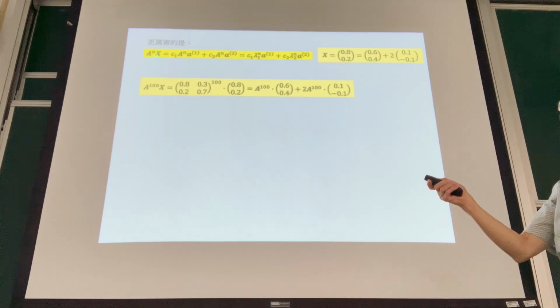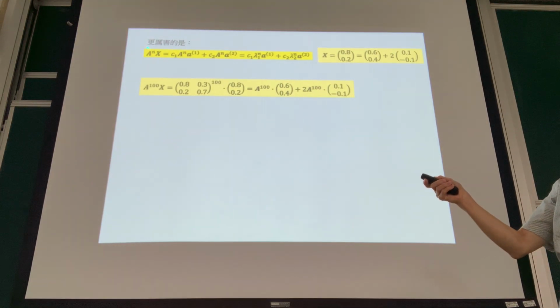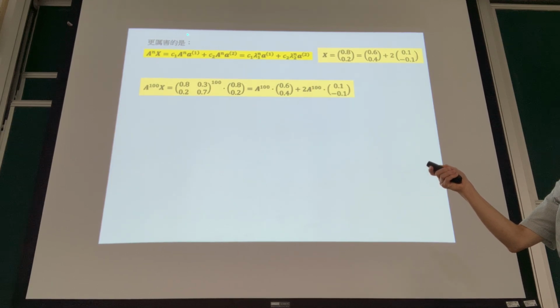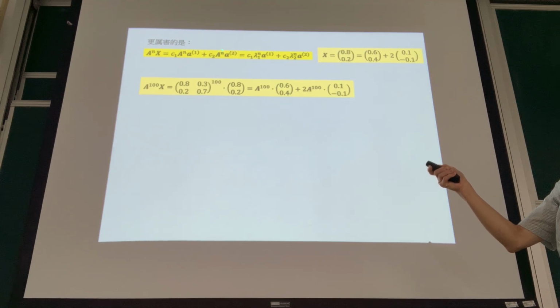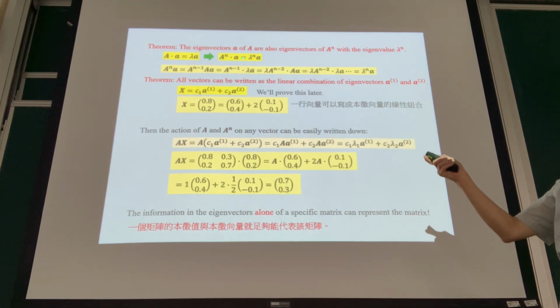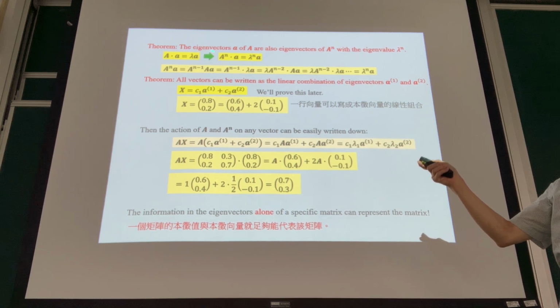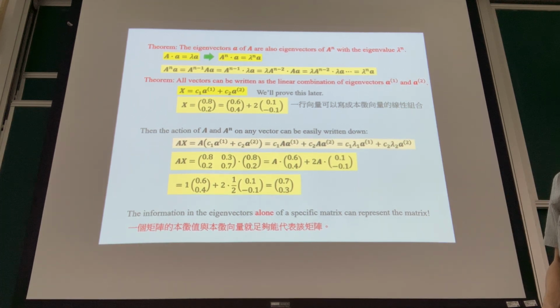Because we already know A to the nth times x: if this x could be decomposed into C1 A1 plus C2 A2, then I can multiply A to the nth directly on A1 and directly on A2. But the first page showed you that A1 and A2 are also eigenvectors of A to the nth.